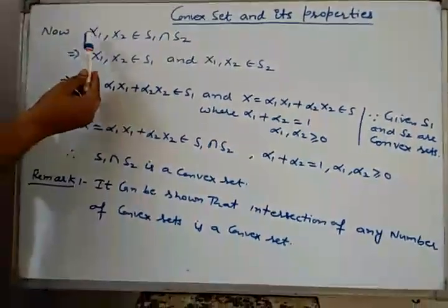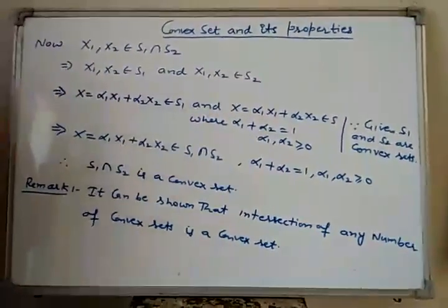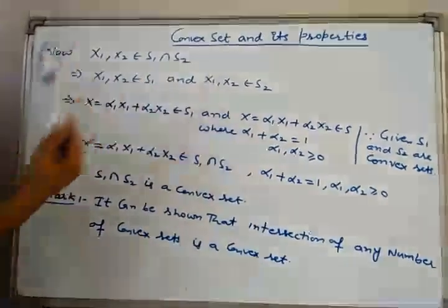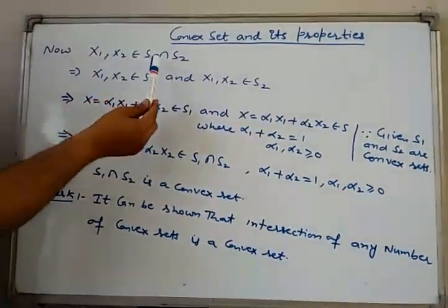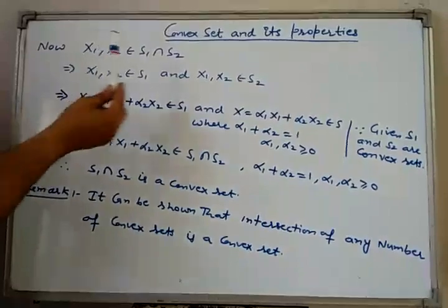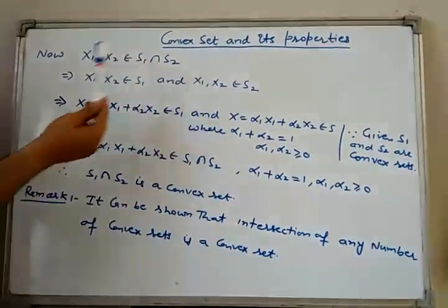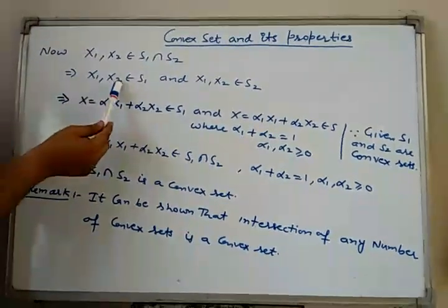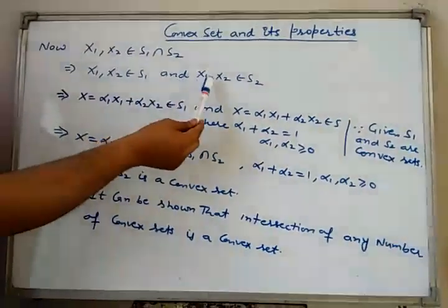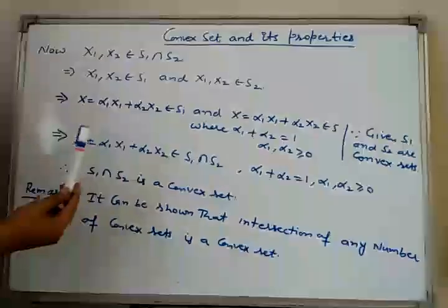Now we have taken x1, x2 as arbitrary points from S1 intersection S2. Now we apply the definition of intersection. Intersection means that it is common to both S1 and S2. Therefore, x1, x2 belong to S1 and x1, x2 belong to S2.